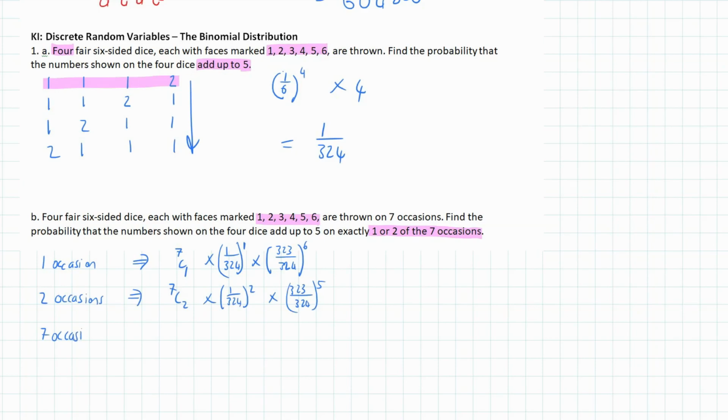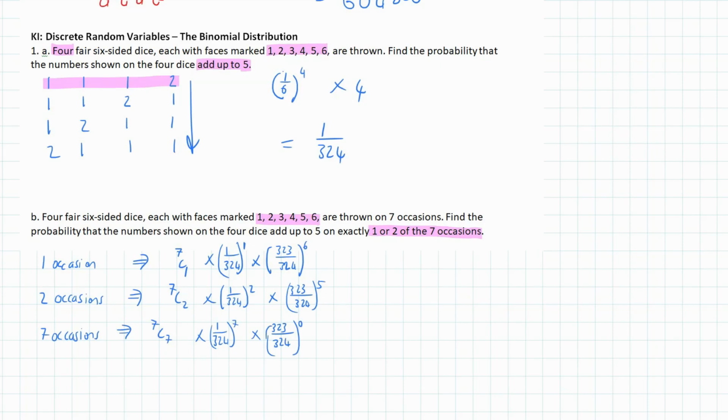That means it's success on every occasion. So we would go 7 choose 7. So there's one way of doing that. And we've got 1 over 324, and that will be to the power of 7, because every single time we do this experiment, we're getting a success, which means that we get no failures. So this will be to the power of 0, or just we times it by 1.